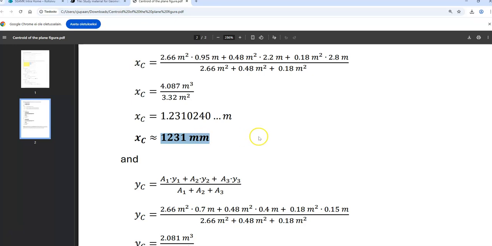I have here changed the answer to the unit of millimeters. Of course, you could use also meters, but probably in everyday life, millimeters in measuring is quite common. At least in construction technology, it is very usual. And I think automation technology also, maybe agricultural technology, or there maybe meters are a more common unit.